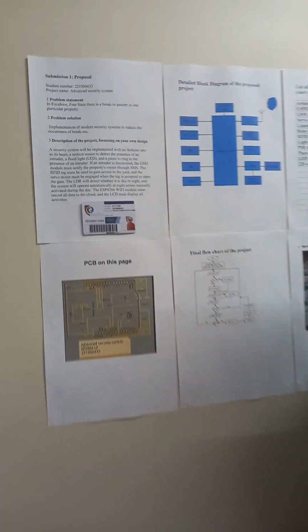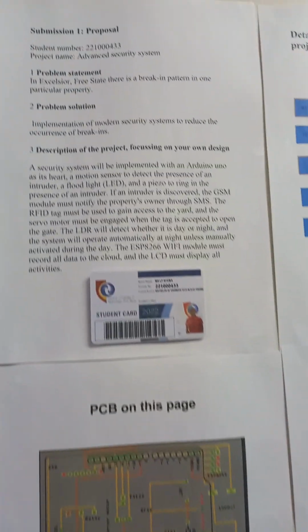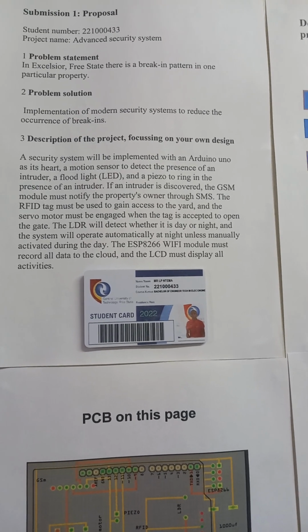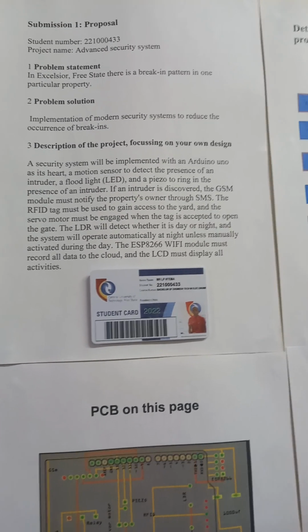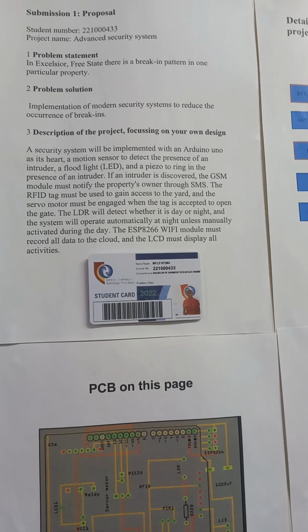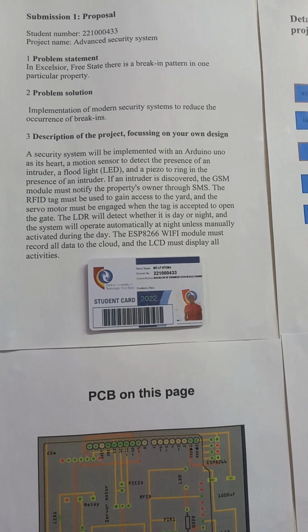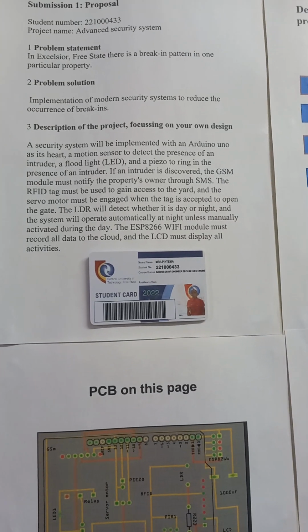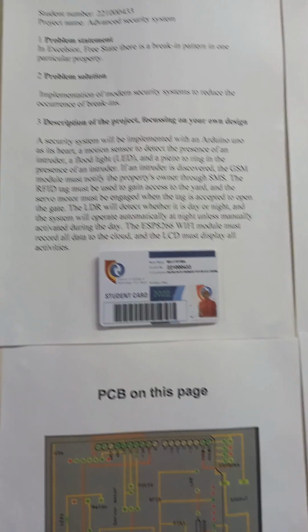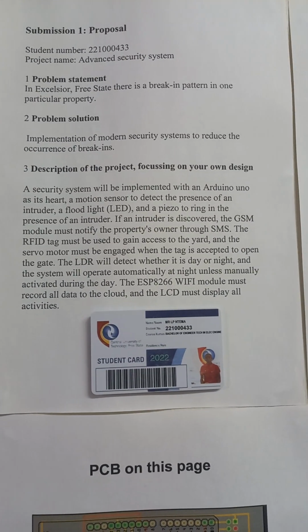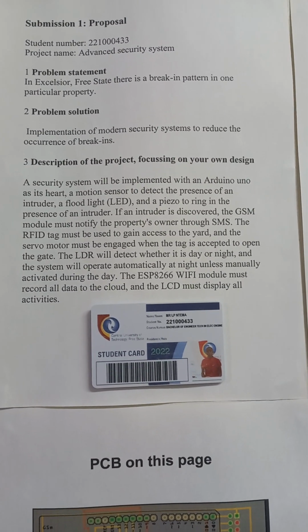it incorporates the Arduino Uno as the heart of the project, a motion sensor to detect the presence of an intruder, a floodlight, and a piezo to ring in the presence of an intruder. If the intruder is discovered, the GSM module will be used to notify the owner of the property, and the RFID tag will be used to gain access to the yard.